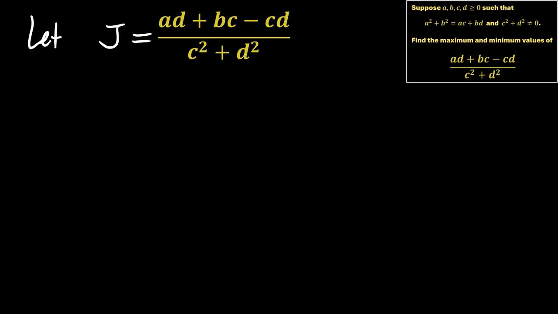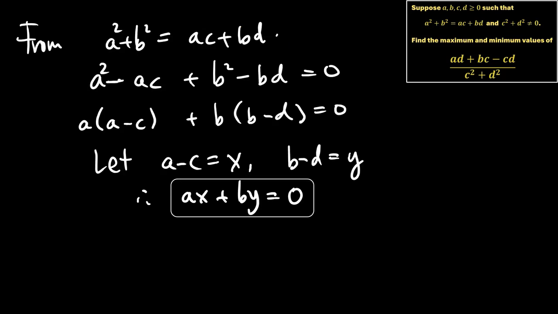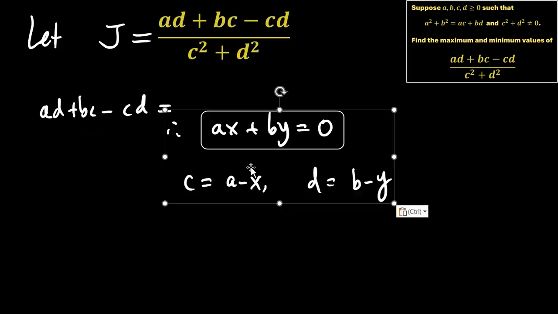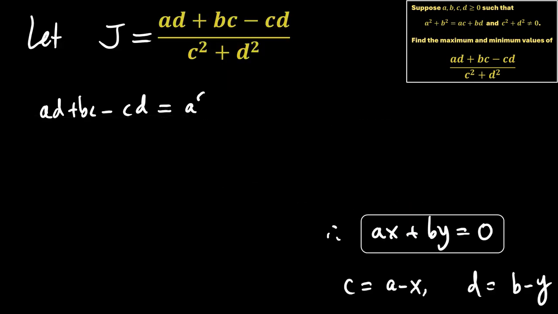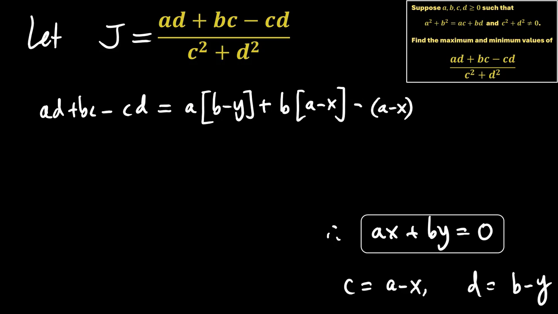Now, this means that AD plus BC minus CD, with C equals A minus X and D equals B minus Y, gives us A(B minus Y) plus B(A minus X) minus (A minus X)(B minus Y).